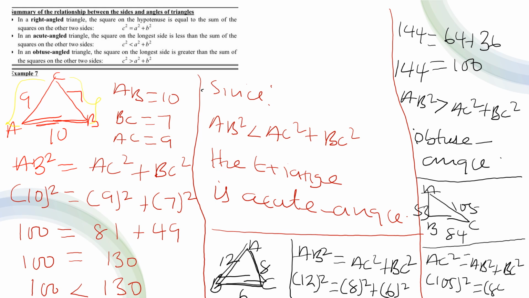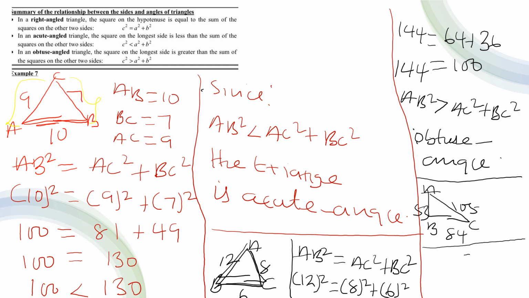It's 53 squared. And BC is 84 squared. So now you check if the sum of the squares of the two shortest sides is equal to the longest side squared.